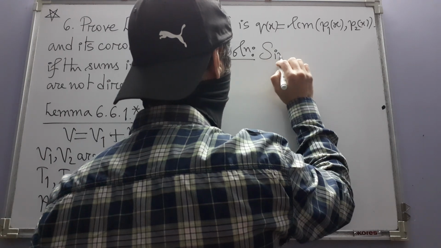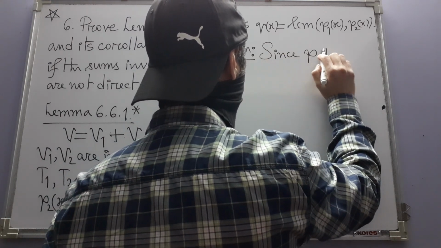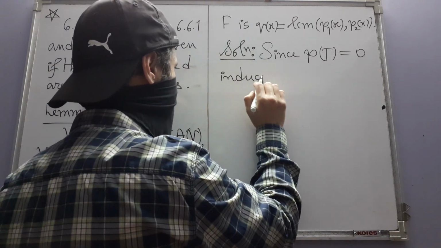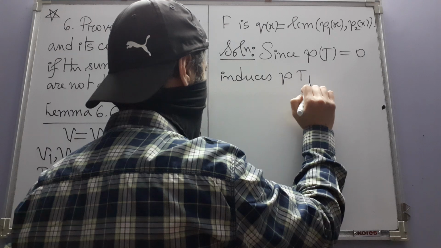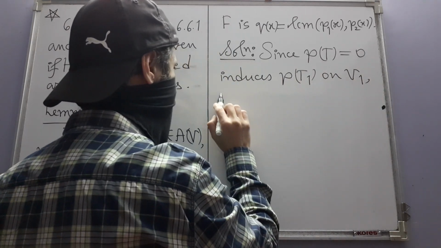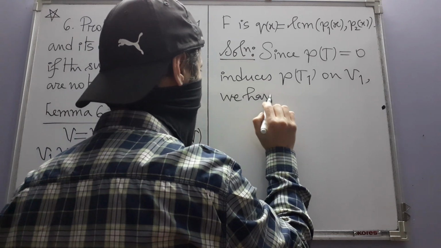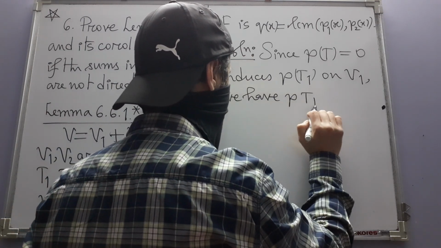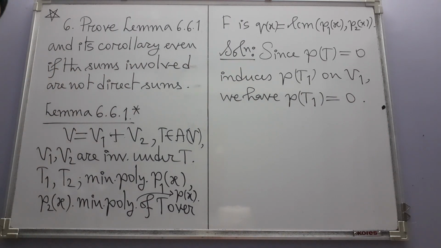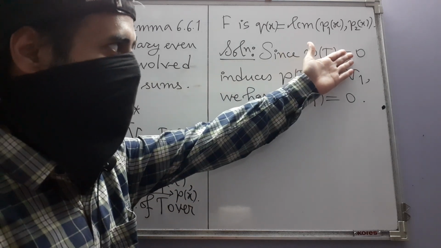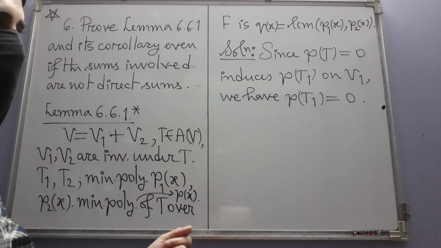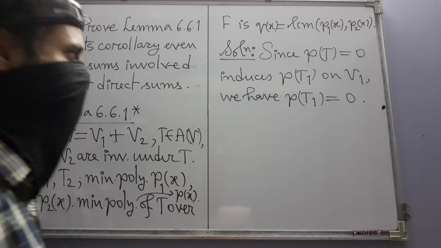Since P of t equal to 0 induces P of t1 on V1, we have P of t1 equal to 0 as well. But when we say as well, we may think that we are getting the same 0, but just now we saw that they are different zeros. We again get 0, that's what I mean.